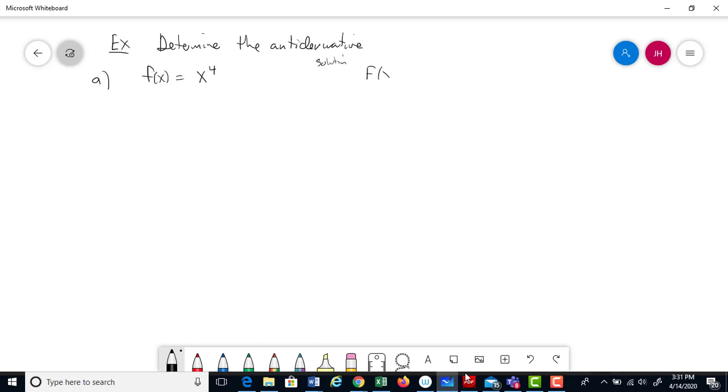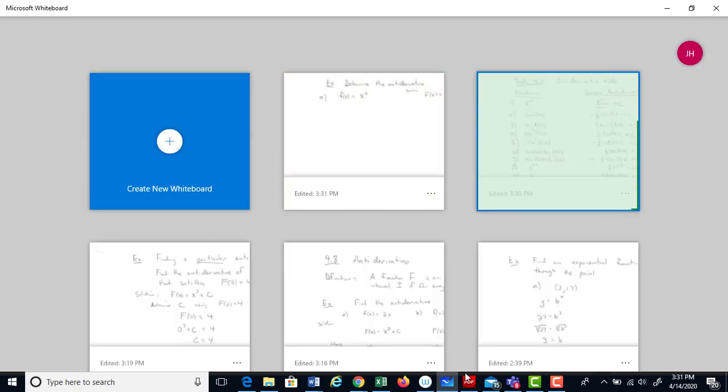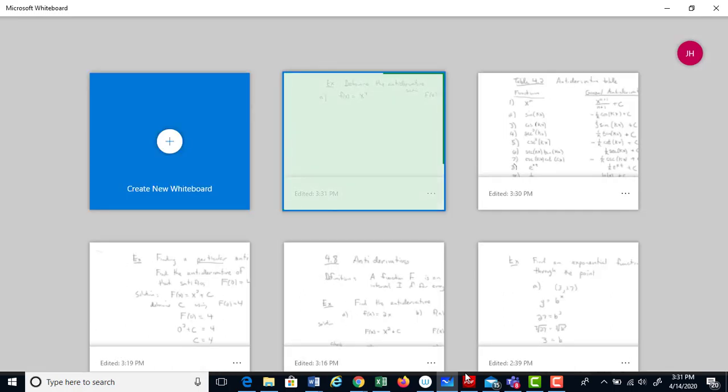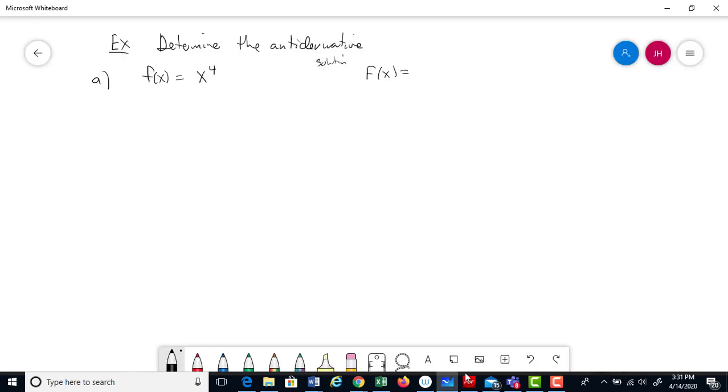Our capital F of x is going to be equal to, well, if we look at the rule, this is the inverse power rule. So I have x to the n, so what I have is n plus 1 divided by n plus 1. So if this says 4 here, this is going to say 4 here and 4 here. So using that rule, this is going to be x to the 4 plus 1, all divided by 4 plus 1, plus c. So this is going to be equal to x to the 5th over 5, plus c.